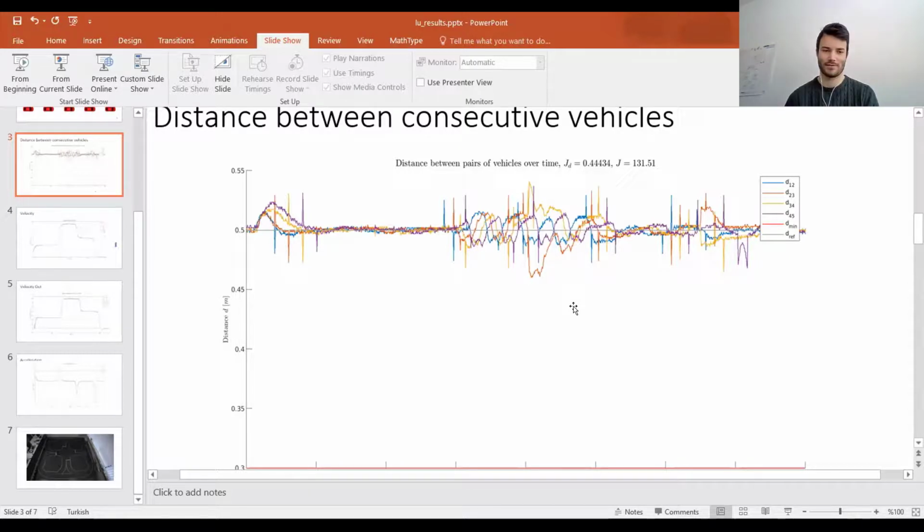But the vehicle with highest priority doesn't have a reference distance to other vehicles in its objective function, right? It just follows a given trajectory, as you said, from the first exercise sheet.